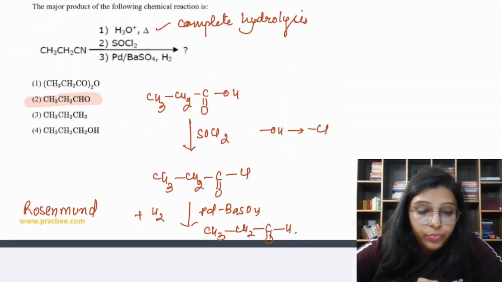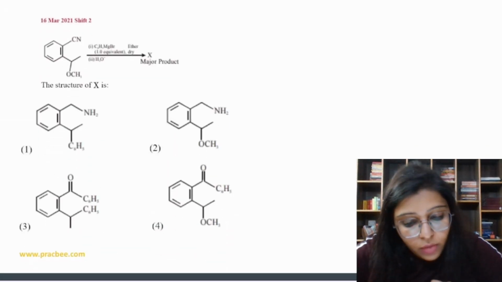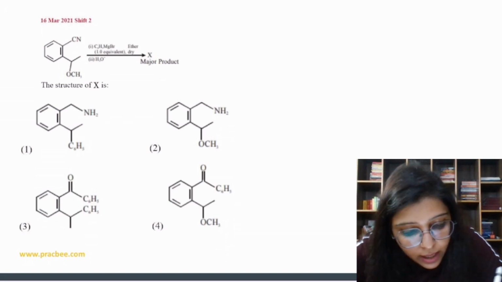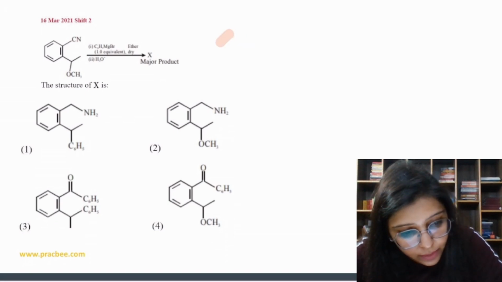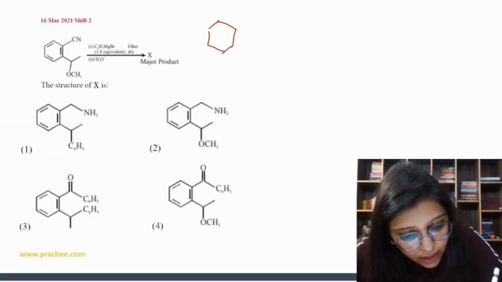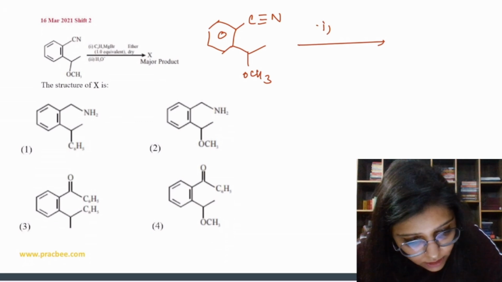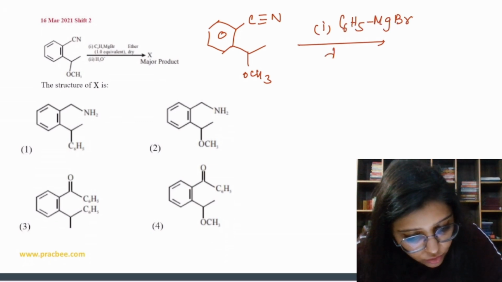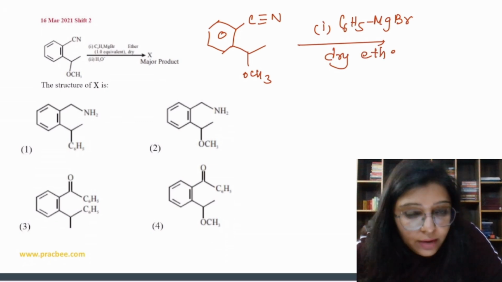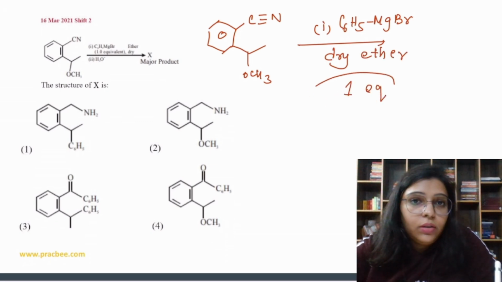Okay. Now next question. Fine, we have CN and OCH3, let me rewrite this. We have this C≡N, we have OCH3, and first C6H5MgBr in dry ether, and we have only one equivalent.